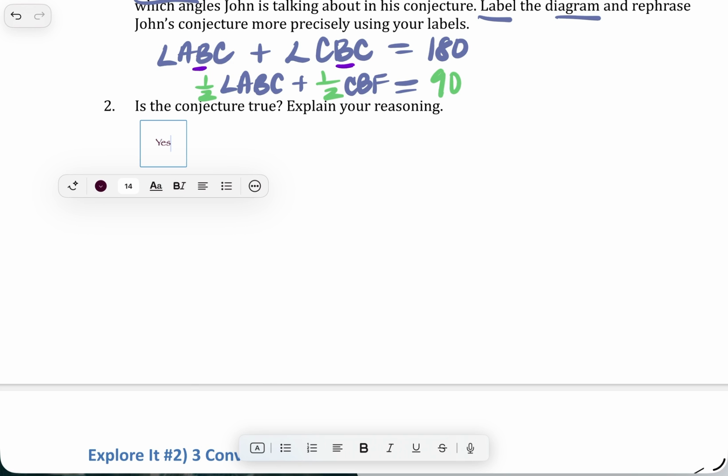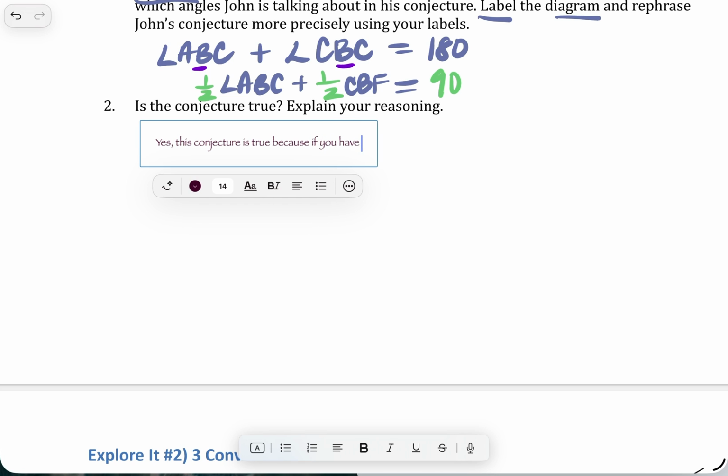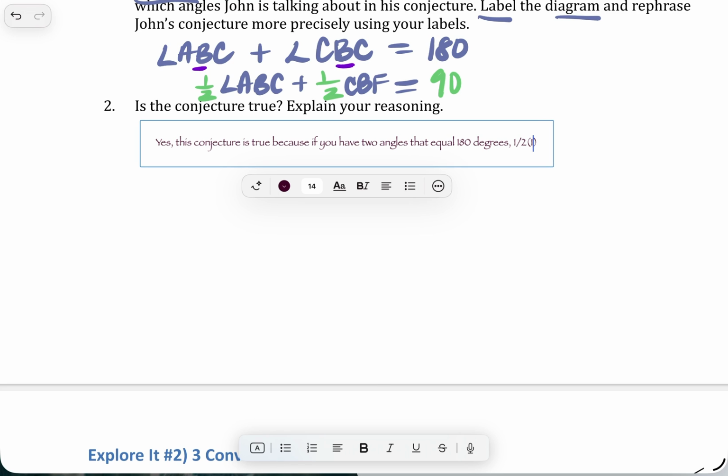Yes, this is true because if you have two angles that equal 180 degrees, half of 180 is 90 degrees.